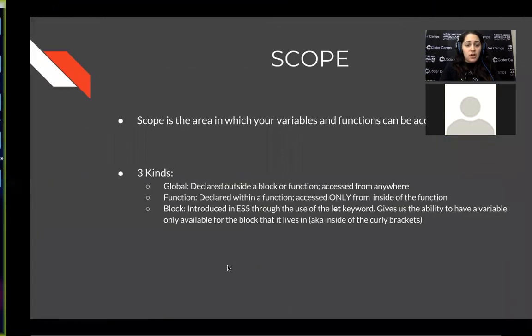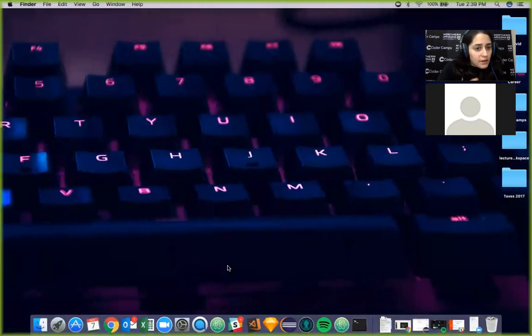Any questions on scope? Are there any naming conventions for global versus function versus block? Not in JavaScript so much. In other languages like C#, there are definitely naming conventions for global and local scope.